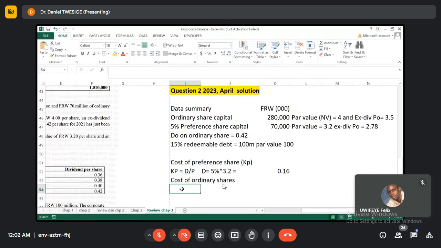How do we get it? Our KE, we said, is equal to D1 plus G divided by my PO. So basing on the data we have, I think we have most of these variables.